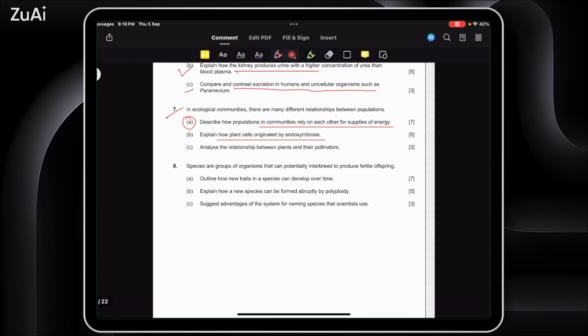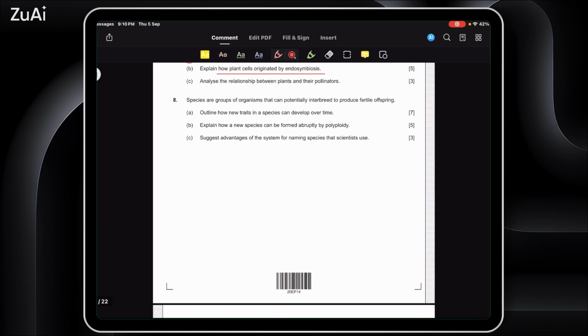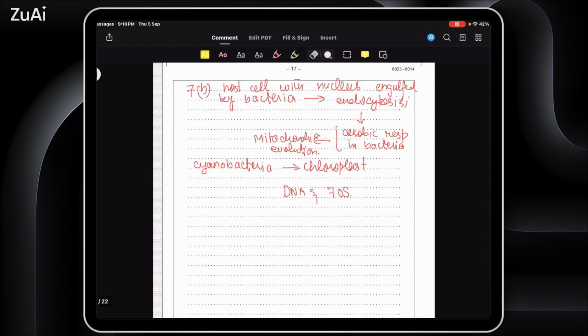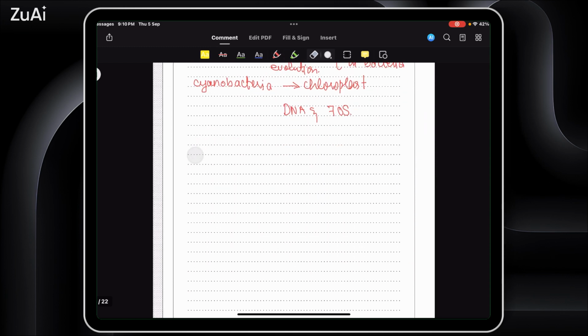Analyze the relationship between plants and their pollinators. So basically, there is a mutual relationship between them.